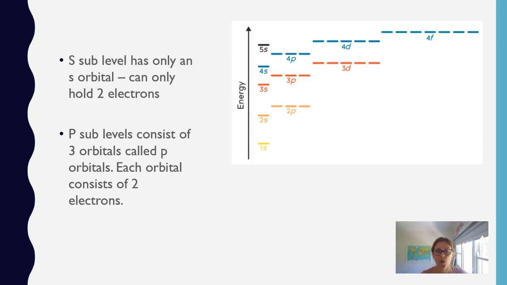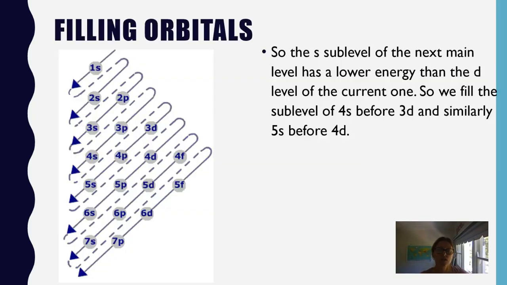Another way of representing this, again, each one of these orbitals can fit only 2 electrons. So we fill our 1s, we fill our 2s, we put 2 in each of the p's, then we put 2 in the 3s, fill the 3p, then the 4s, and we keep moving up. But a way I like to use is what I call my Christmas tree, and I follow the path of the arrows.